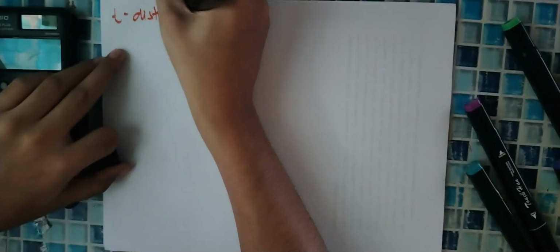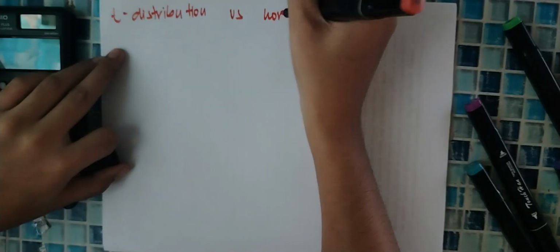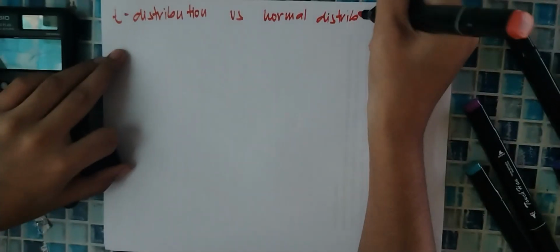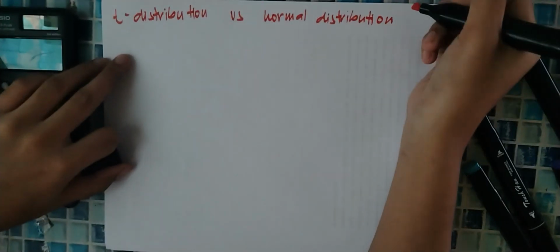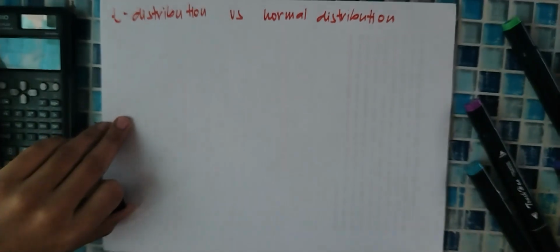So next is an example graph of the t-distribution versus the normal distribution, and the effect of degrees of freedom. Let's start to draw the graph.